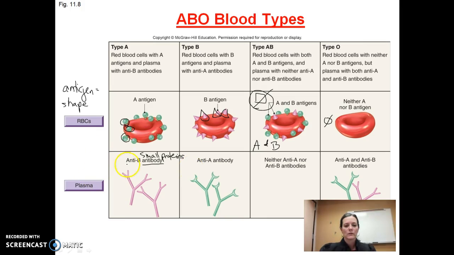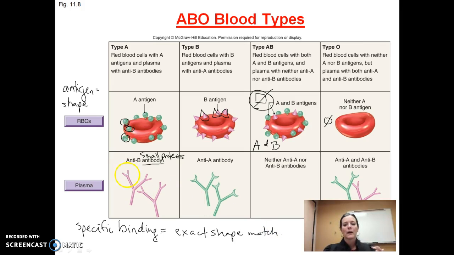So the important thing to know is that between an antibody and an antigen, there has to be a specific binding. And that binding can only happen, just like we've talked about with other receptors, if there is an exact shape match or an exact antigen match.